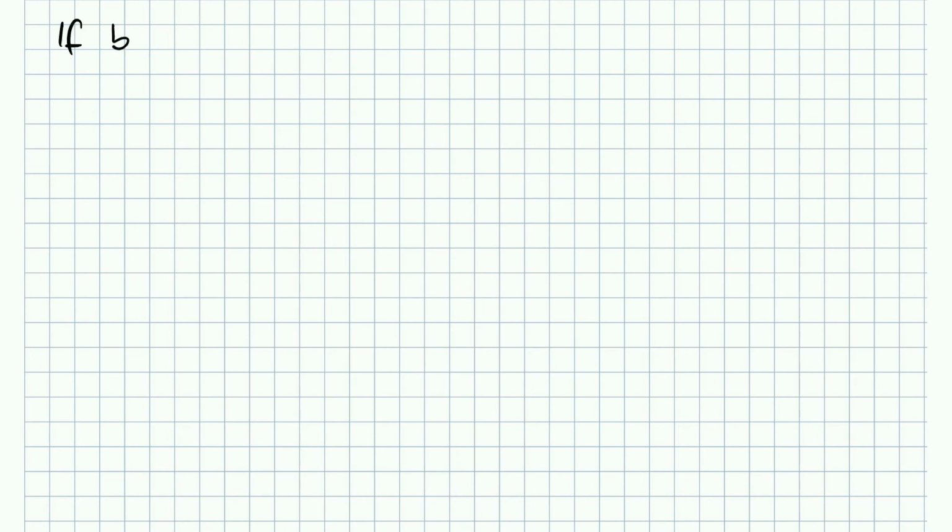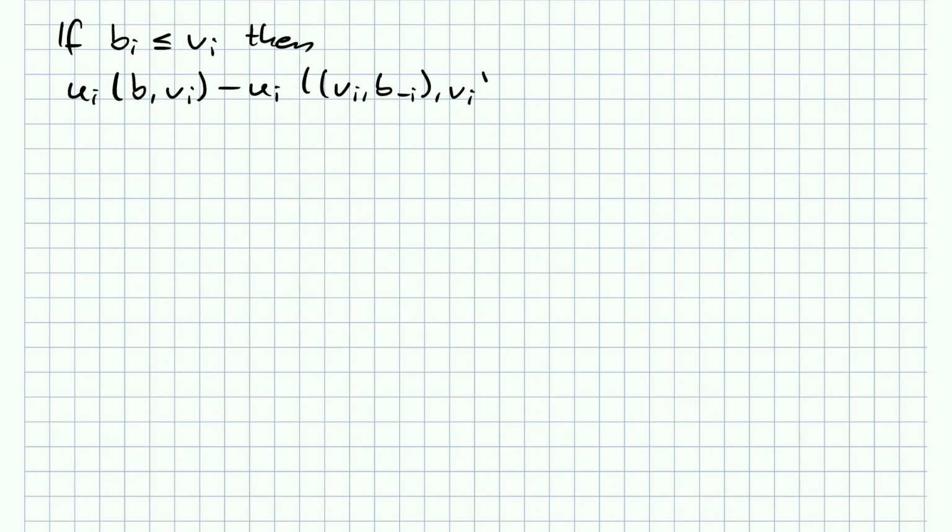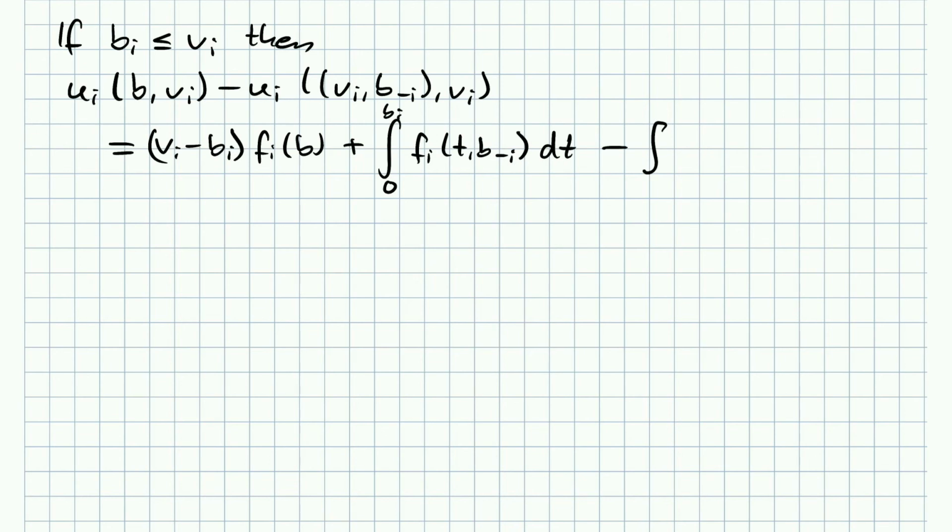If we now say bi is at most vi, then ui of (b, vi) minus ui of (vi, b minus i, vi) will be, and then we just use the formula, vi minus bi times fi of b, plus the integral, and then we subtract the utility that you're getting when you're bidding truthfully, which is just the integral from 0 to vi of fi of (t, b minus i) dt.